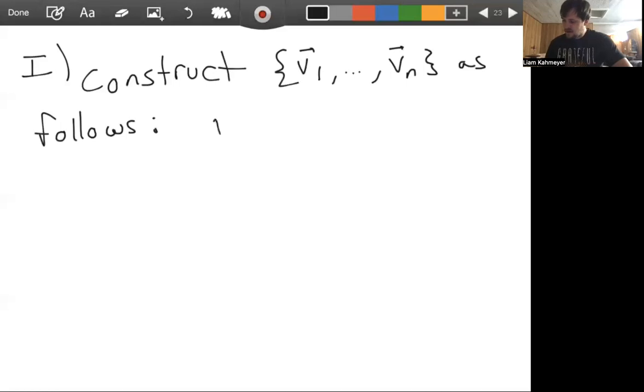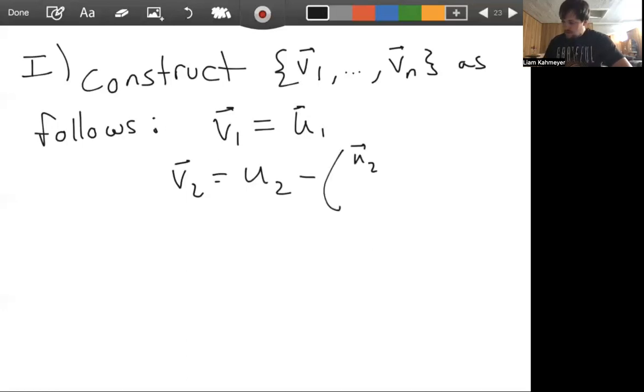We're going to define v1 to be u1, and then we're going to define v2 to be u2 minus u2 dot v1 over the magnitude of v1 squared times v1.